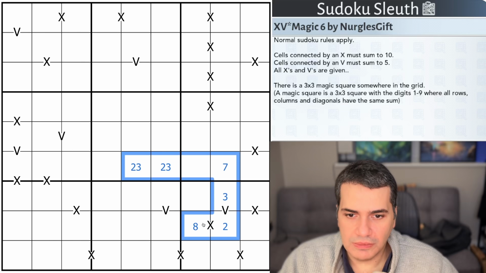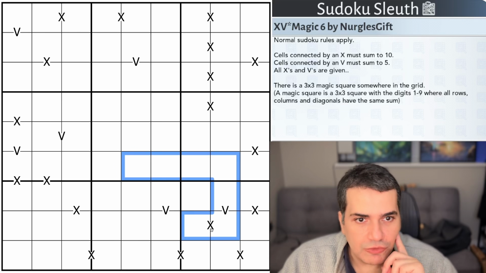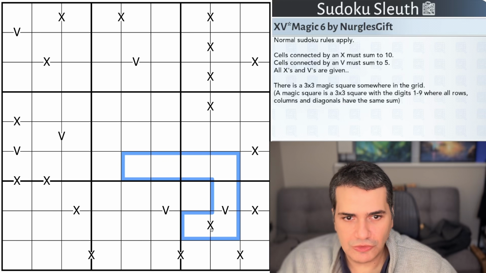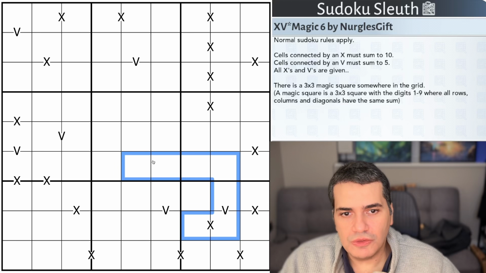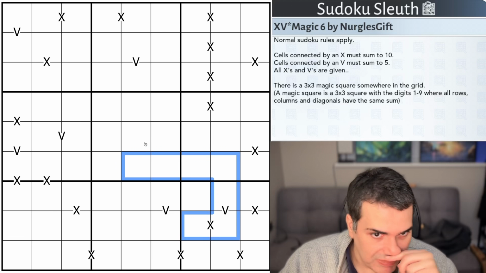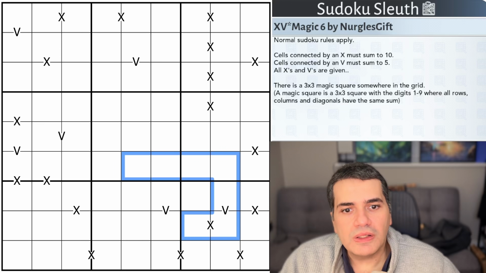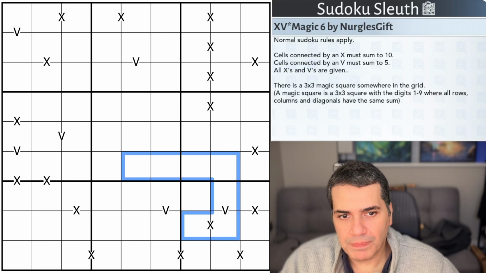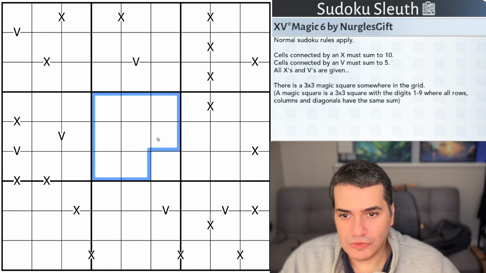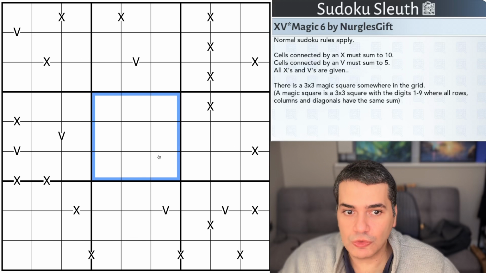Now, the second item, and I guess it explains the magic, although I think we've seen magic in the title before, is that somewhere in this grid, there is a 3x3 magic square, where a magic square is a 3x3 square with digits 1 to 9, where all the rows, columns, and diagonals have the same sum. So it does say there is a 3x3 magic square somewhere in the grid.